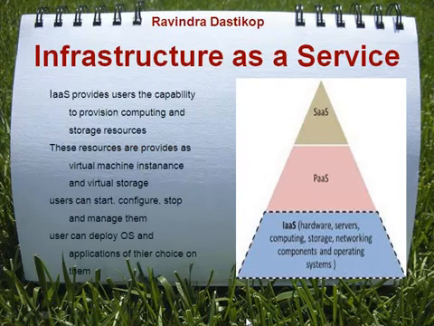And in this, the user can start, configure, stop and manage them, and can use an operating system of their choice. For example, you can say that I want a hard disk, and on that you can install a system of your own, like the Linux operating system and so on, and then you can start operating on it.